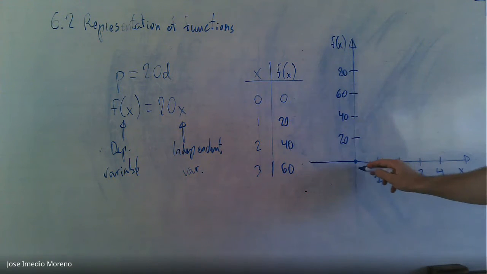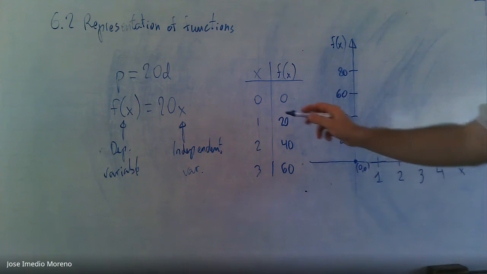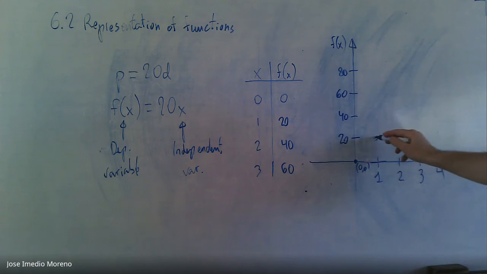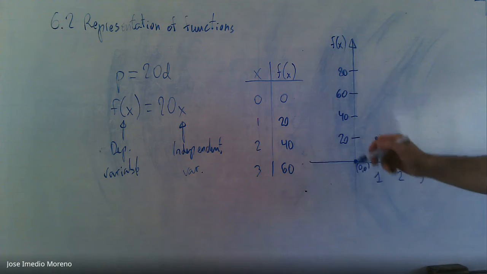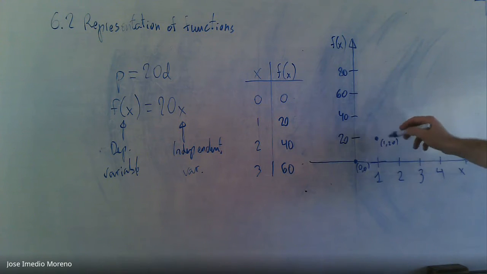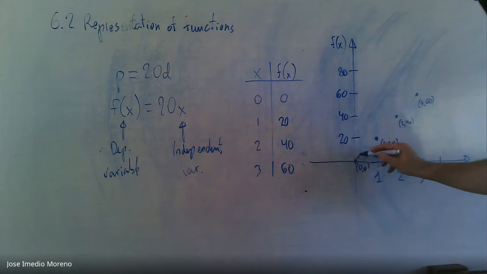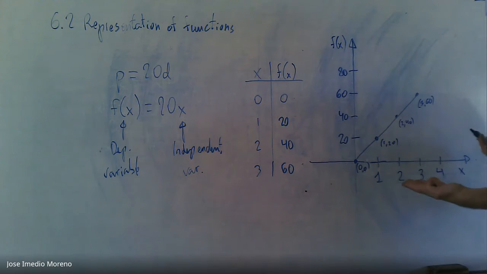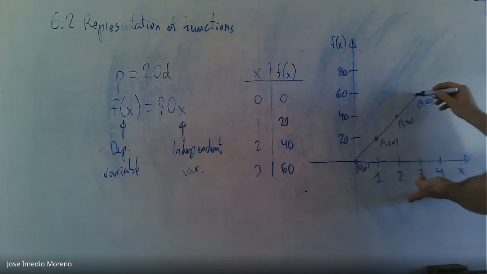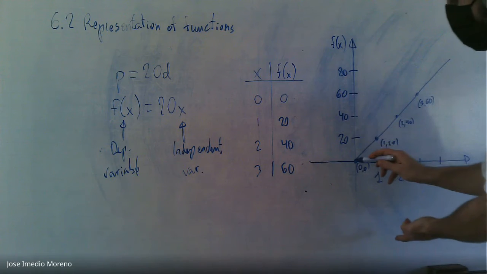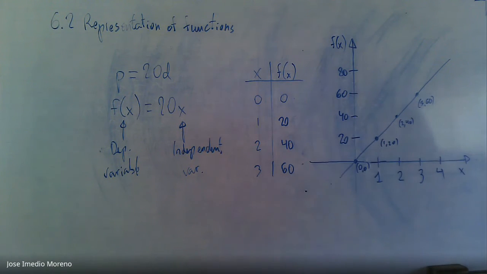0, 0 is here, and then I have the point 1, 20, the point 2, 40, 3, 60, and then if I join them, I have a linear function. For this to be a linear function, it's important to make it infinite. Linear functions are infinite.